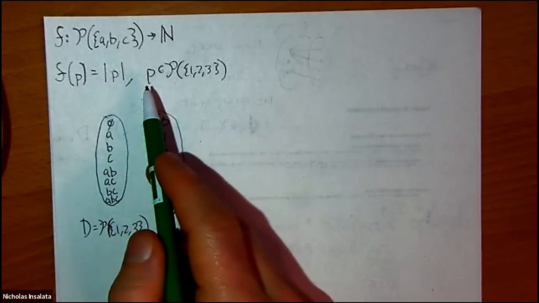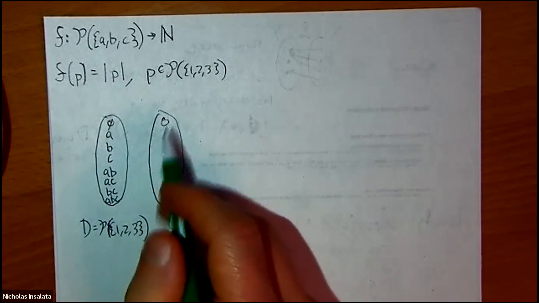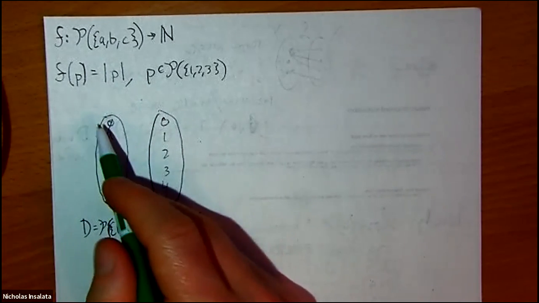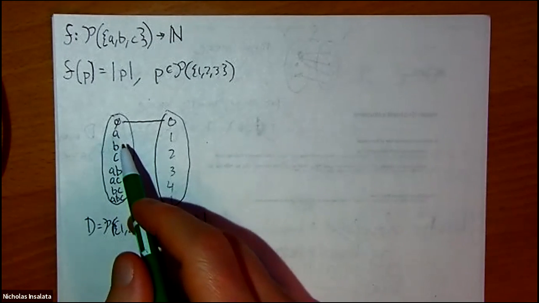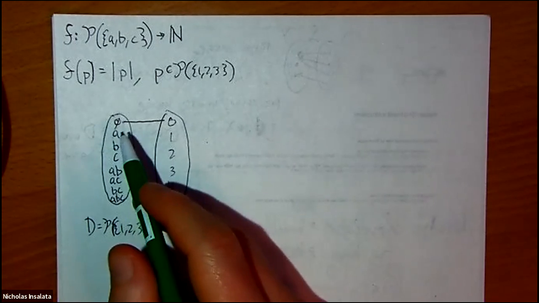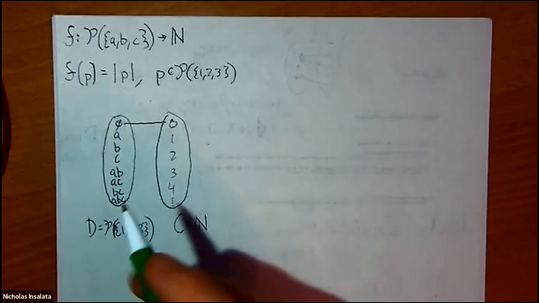Okay, so now let's do some mapping, right? So the empty set, what we want to do is find the size of that and then map that over into the codomain here, right? So what's the size of the empty set? 0. Perfect. Okay. How about the size of A? 1. And then B or C, are those same, different? Same. Okay, good.